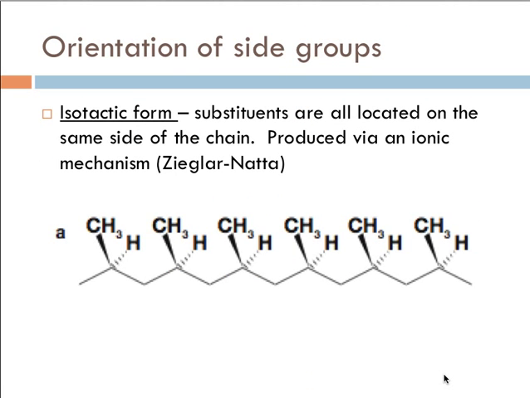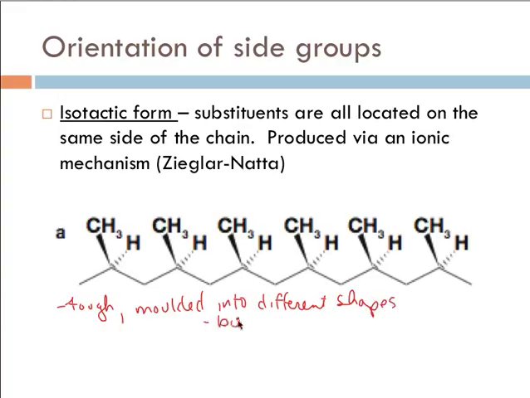If we go back just briefly to this slide, the isotactic form is tougher, and it can be molded into different shapes, things like bumpers and toys.